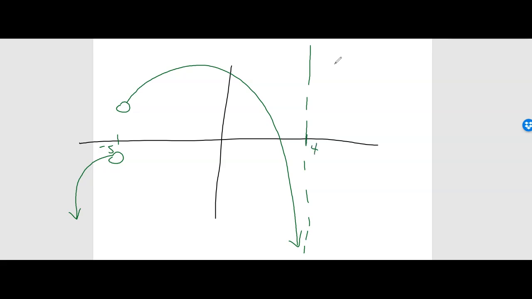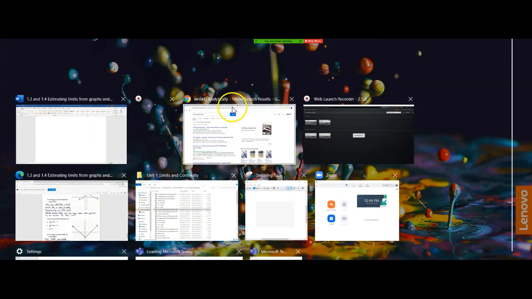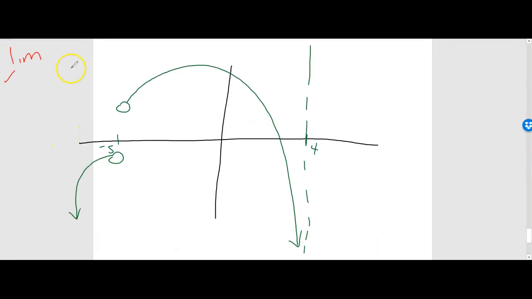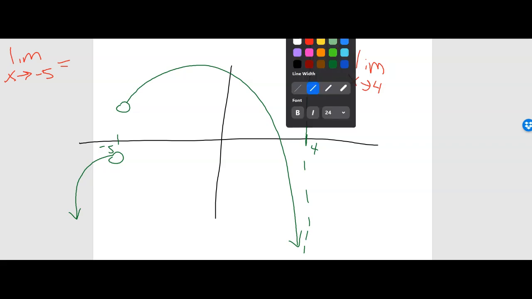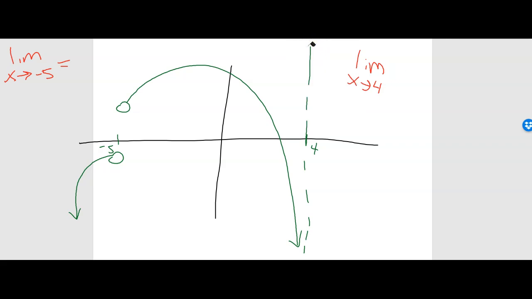Okay, so we're going to look at two limits of this function. We'll say the limit as x approaches -5, and the limit as x approaches 4. Sorry, we should certainly have our function here as well.